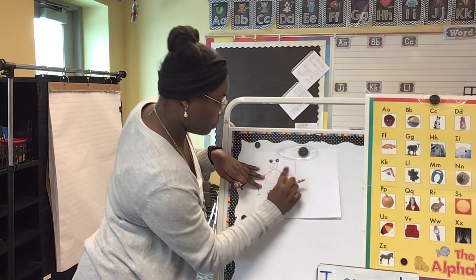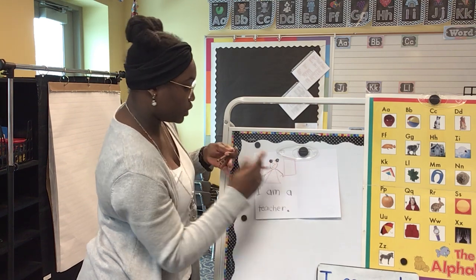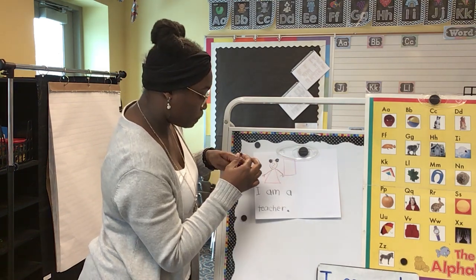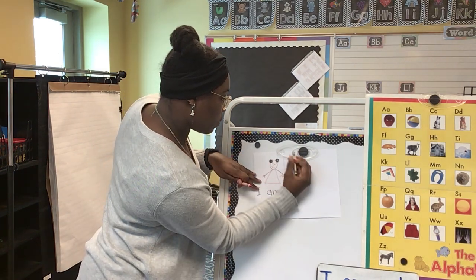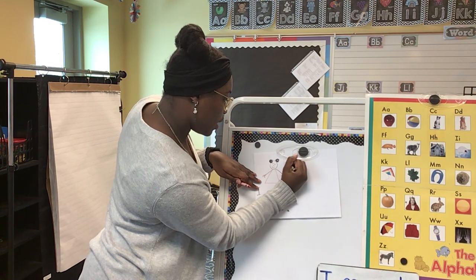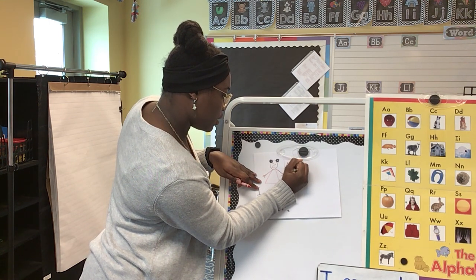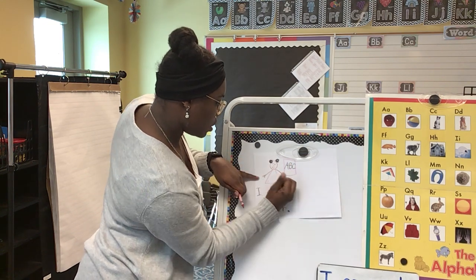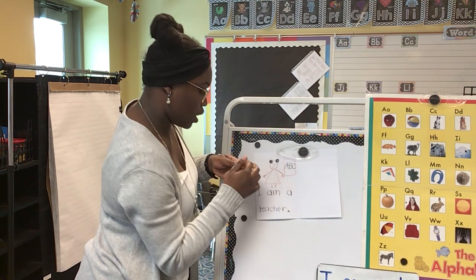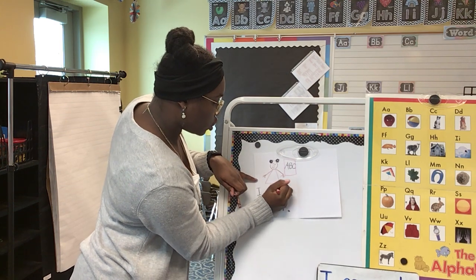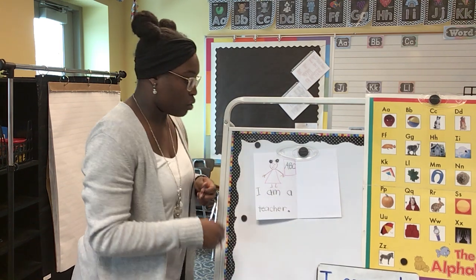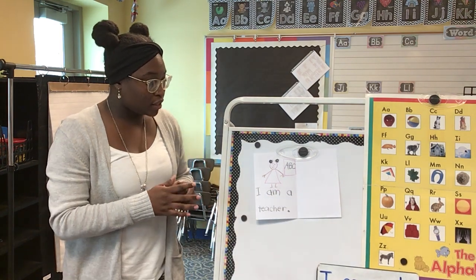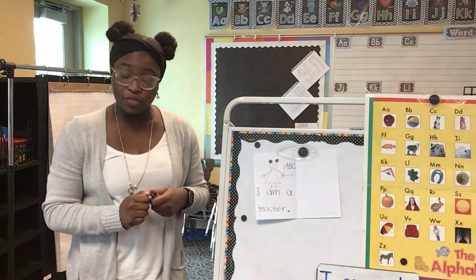I'm just going to maybe write ABC so they would understand I'm a teacher. Okay? So I'll write A, B, C. Okay, oh, I need to add me some legs, and there we go. So now I have a picture to match my words. Okay, I am a teacher, and there's a picture of me right there.